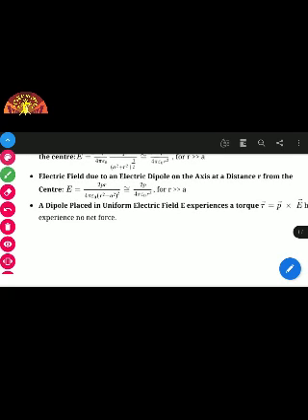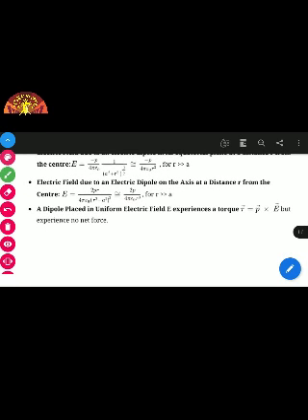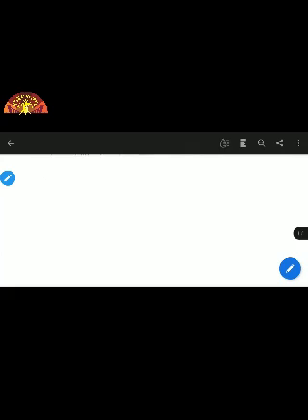So it will rotate the dipole, and this effect is called torque. As you can see over here, torque equals p cross E. Now, what do you mean by p cross E? It is the cross product of the dipole moment and the electric field. Okay, so this is called torque.